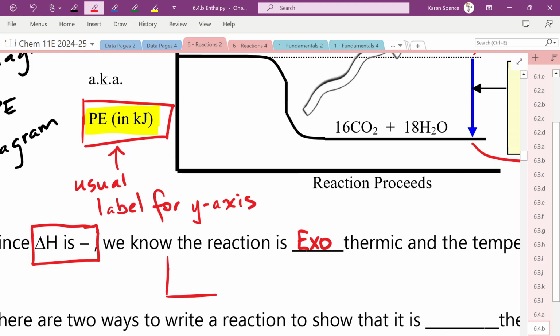I know delta H is negative, so it has to be going down, right? And if I have a graph that goes down, am I entering the art gallery or am I exiting the art gallery? I'm exiting the art gallery, so it is exothermic.